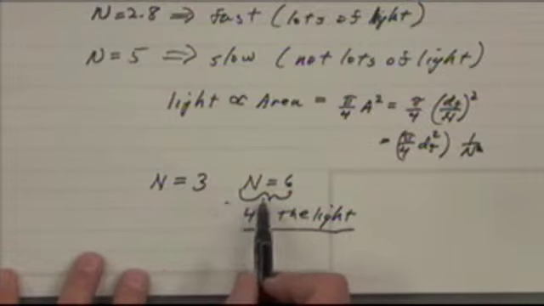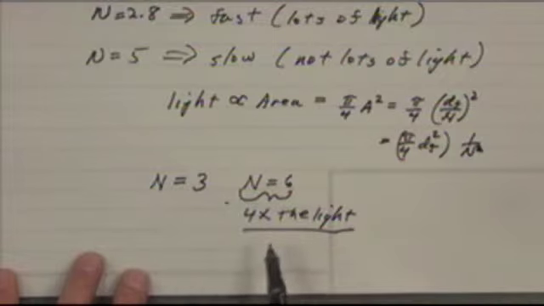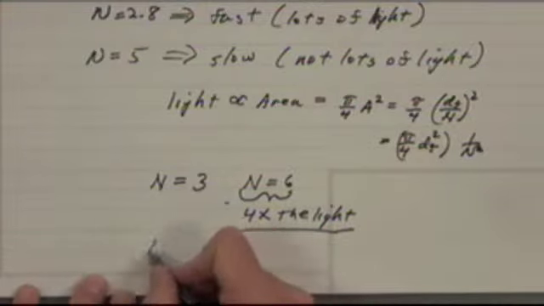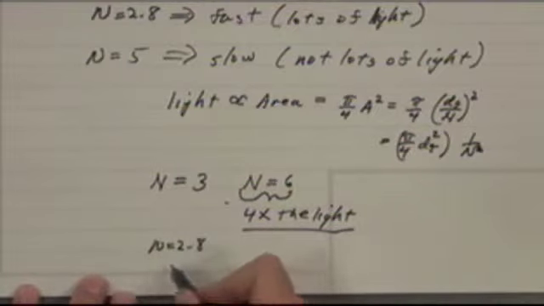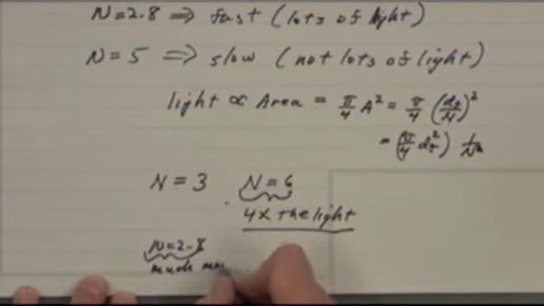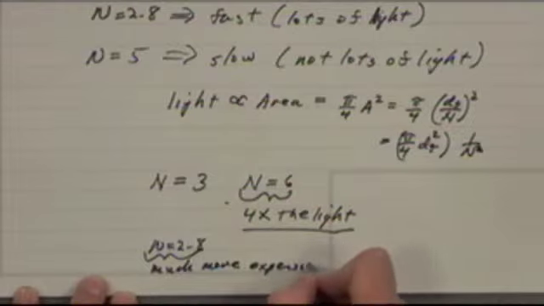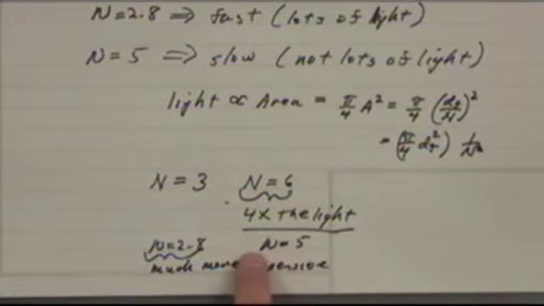So every time you go up by the square root of 2 in the f-stop, or you go down by the square root of 2 in f-stop, you're going to double the amount of light. So an n equals 2.8 lens is much more expensive than, for instance, an n equals 5. So that would be about 2 f-stops, so about 4 times the amount of light. So people will pay a lot more money for that lens.